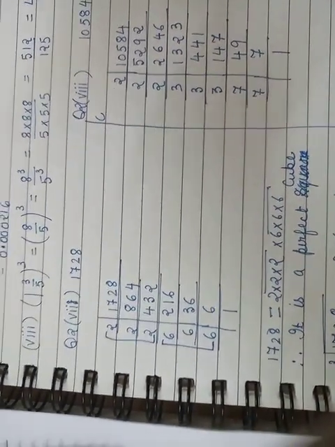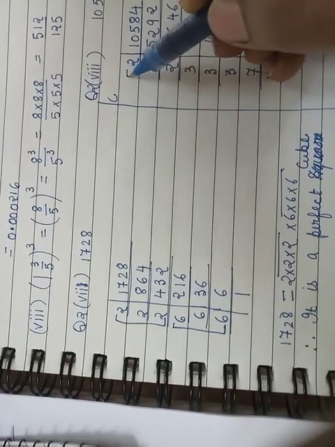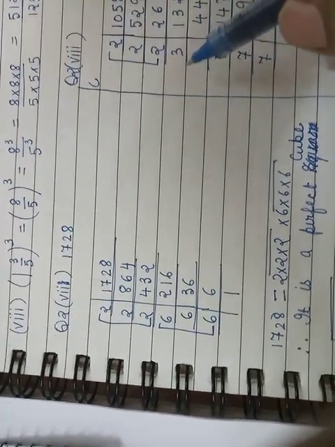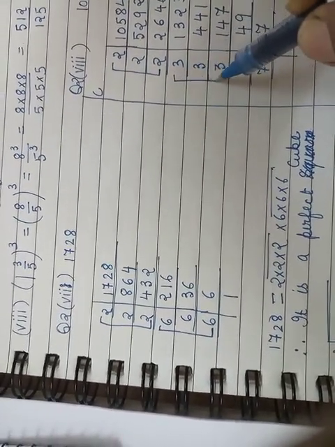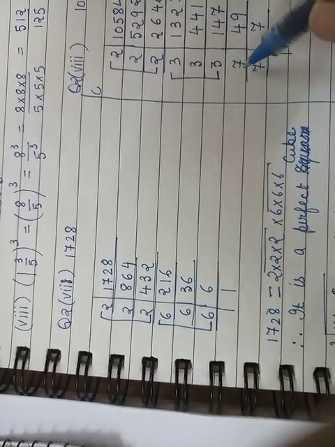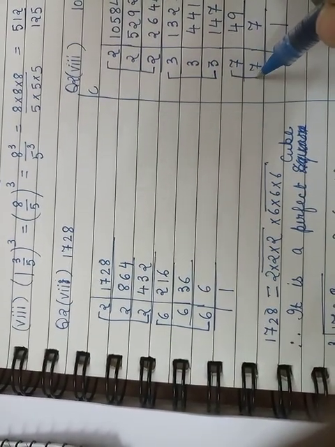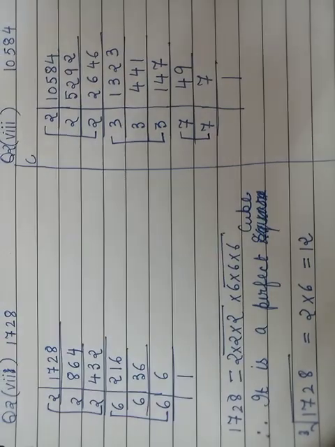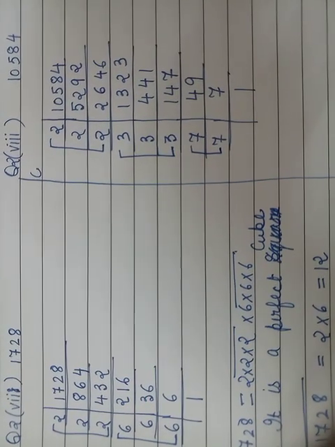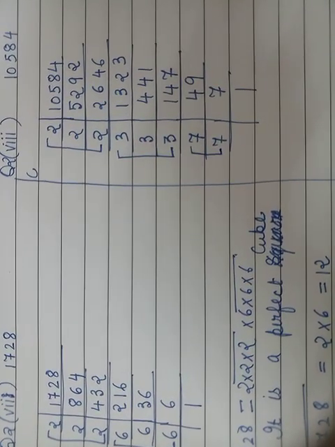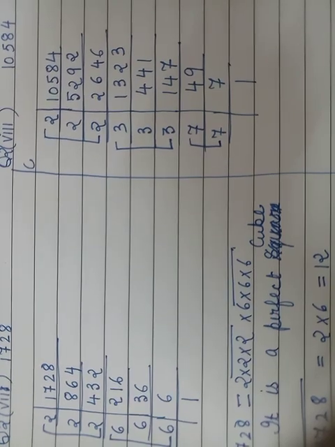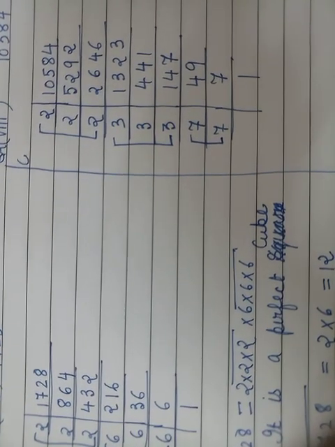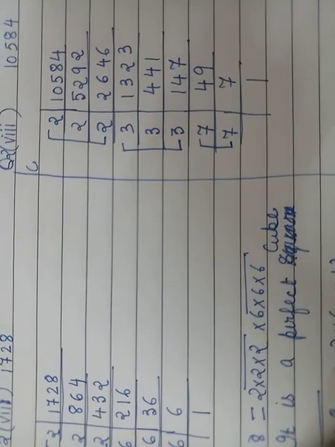Now we form sets of numbers. One set has three 2s, one set has three 3s, and one set has only two 7s. That means it's not a perfect cube. For being a perfect cube, it's necessary that each set should contain the same number thrice.